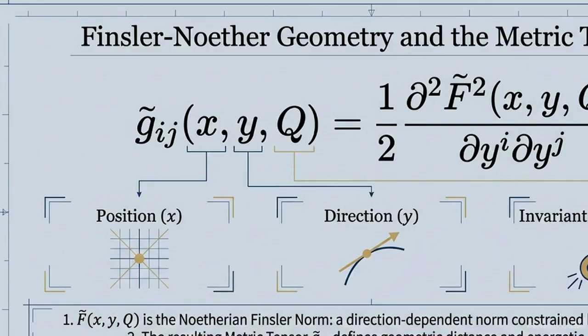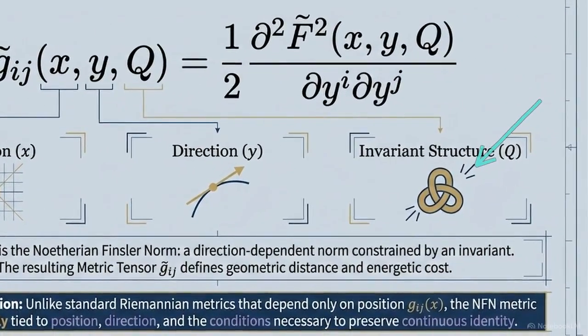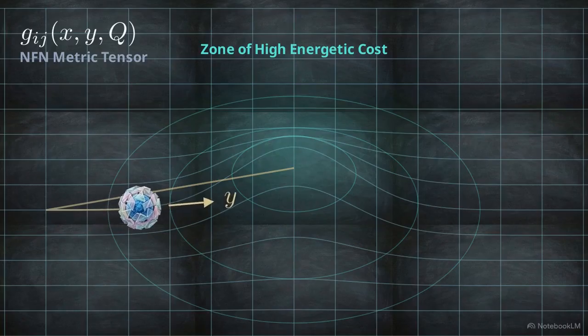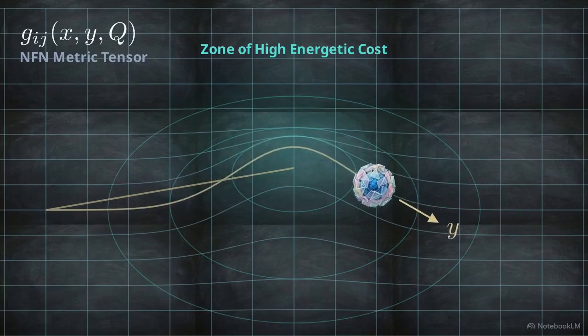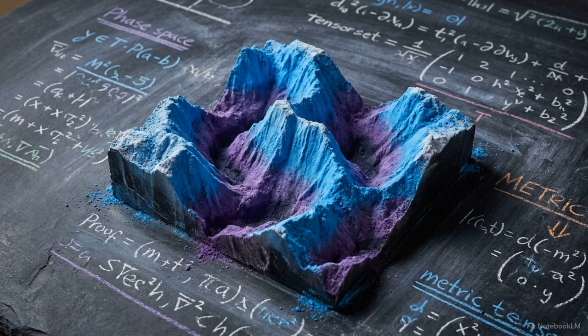The invariant structure term, q, adds the exact Noetherian contribution. This metric ties geometric distance and energetic cost directly to the conditions required for an object to preserve its continuous identity. If identity is defined as bounded persistence, how does an object physically move through phase space?